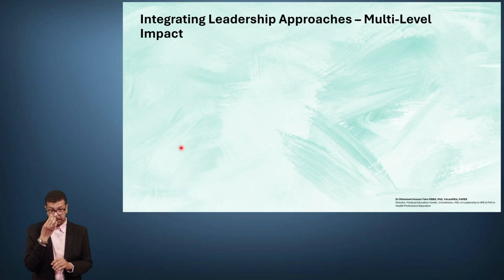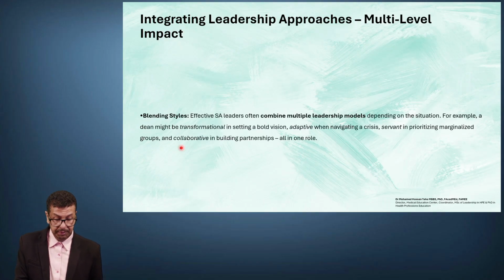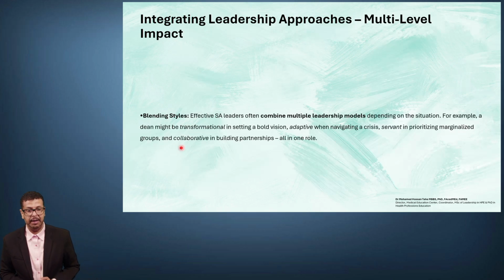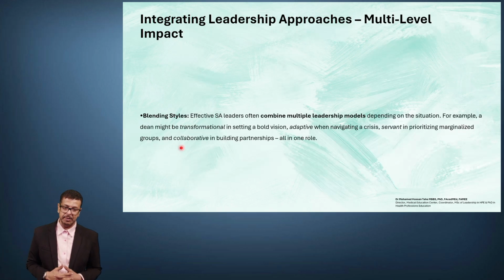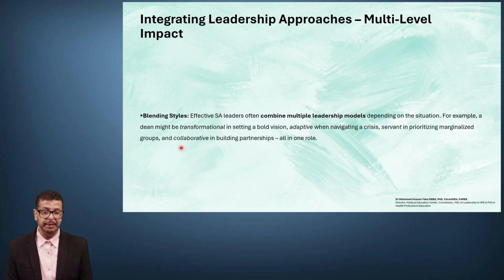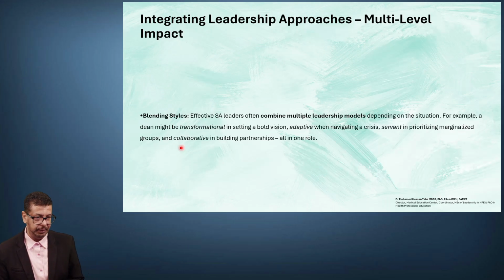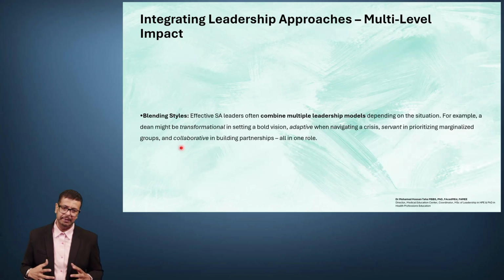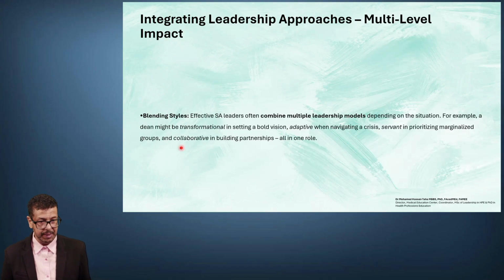And let us think about how we can integrate these different layers and approaches. The first thing is that we need a blended style of leadership, because effective social accountability leaders often combine multiple leadership models depending on the situation, because it needs situational leadership. For example, a dean might use a transformational leadership style in setting the bold vision of the medical school with the stakeholders.